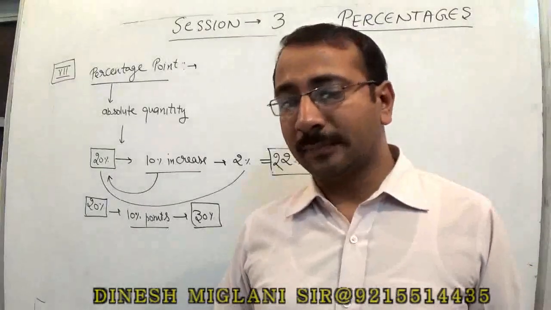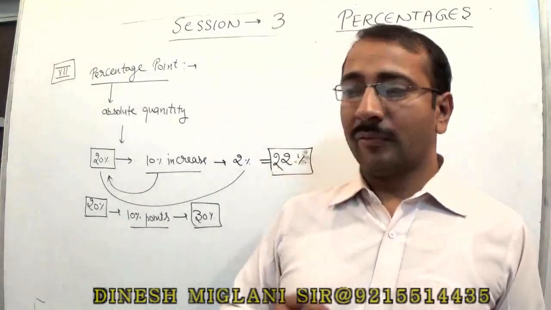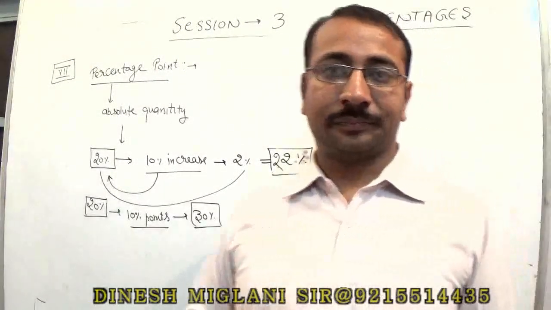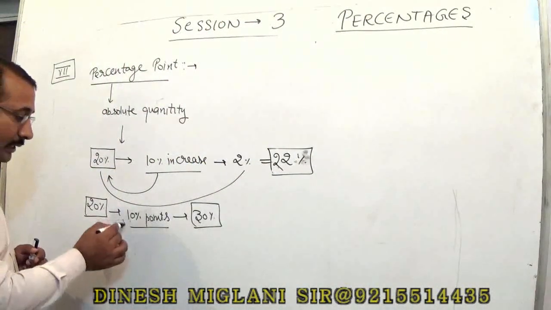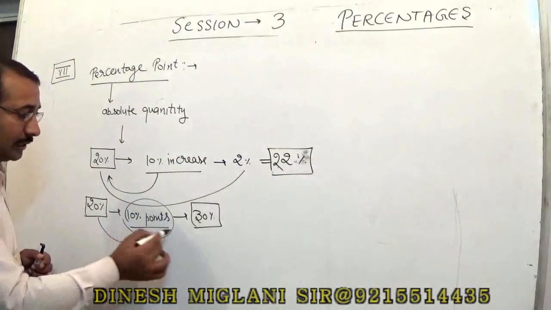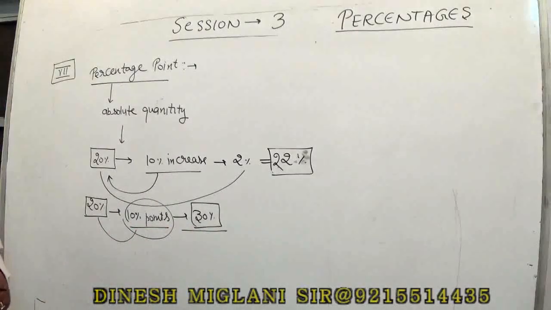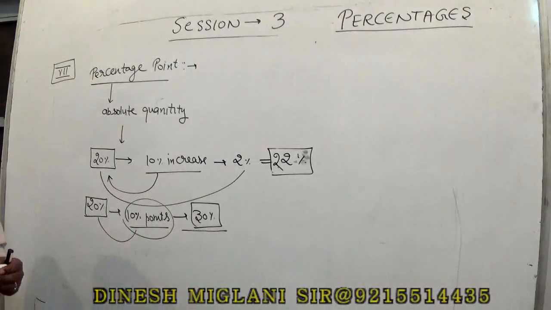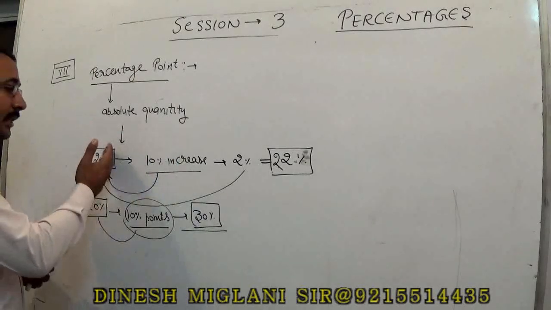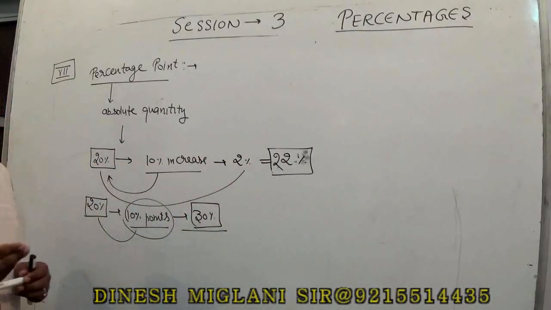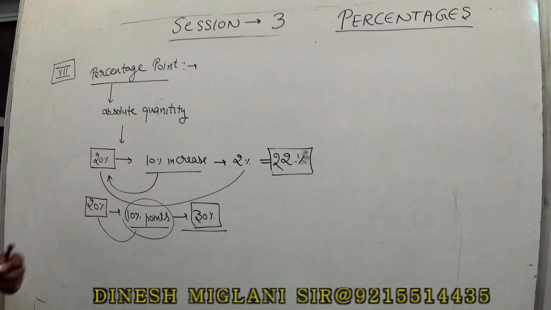If percentage point decrease is stated, make it minus. I think the point is clear now. When we say percentage point, we directly add in the case of increase and directly subtract in the case of decrease. Otherwise, we just find a percentage and add, and if there is a decrease, we subtract.